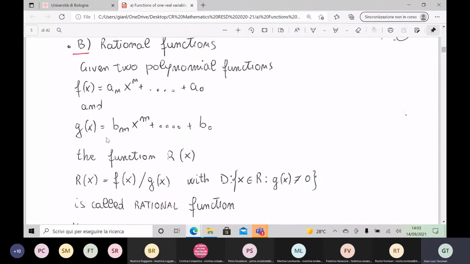In g of x, instead, the highest degree of x is m. So this is a polynomial function of order m. Now, the function defined as the ratio between f of x and g of x, that is the ratio of 2 polynomial functions, is called rational function. And here I report the domain.